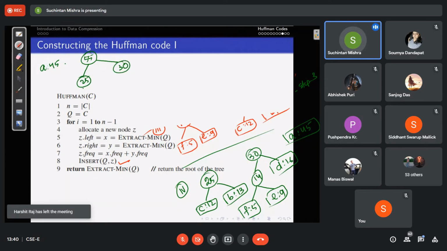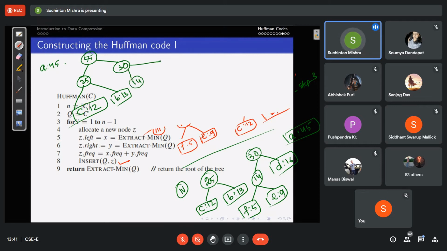Now again, 25's left child is C12 and right child is B13. 30 has a left child 14 and a right child D16. 14 again has left child F5 and right child E9.